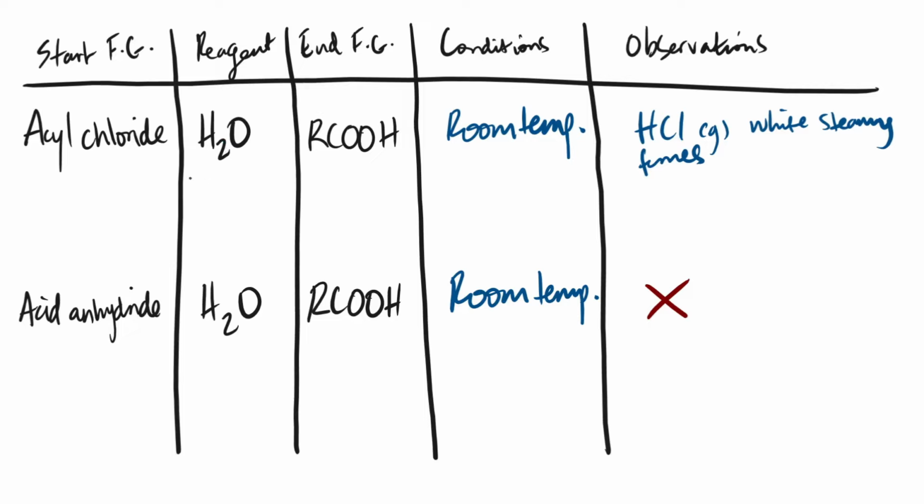All right, so that's water done. Real quick, let's look at alcohol. So OH group right here. And as always, this can be any alcohol. What is our starting functional group? Exactly the same, either acyl chloride or acid anhydride. What is our end functional group going to be? In this case, it's going to be an ester, okay? Ester can just be thought of as RCOO, okay?